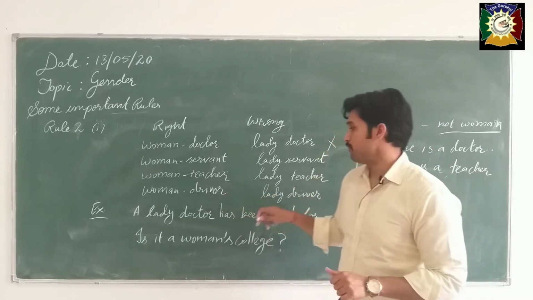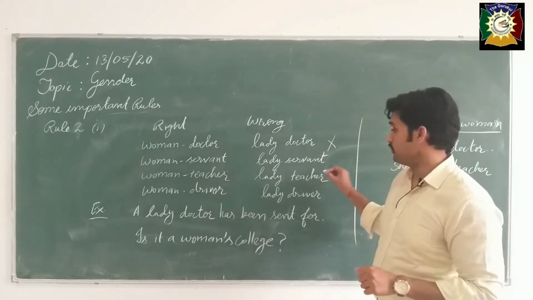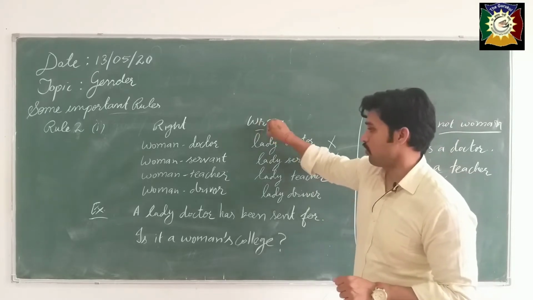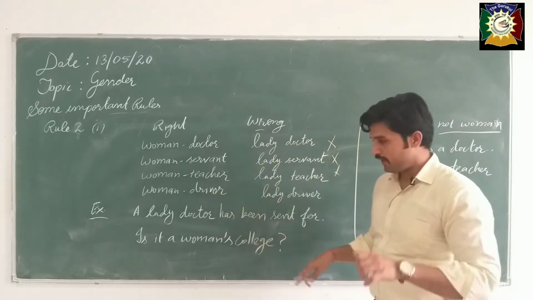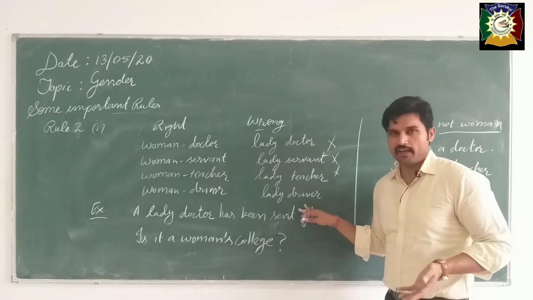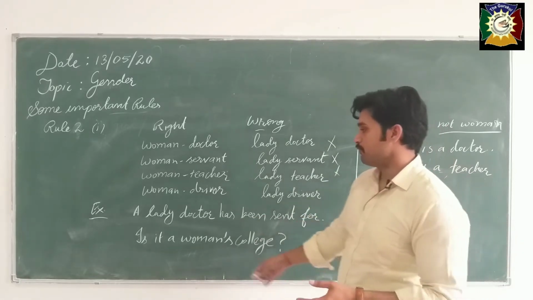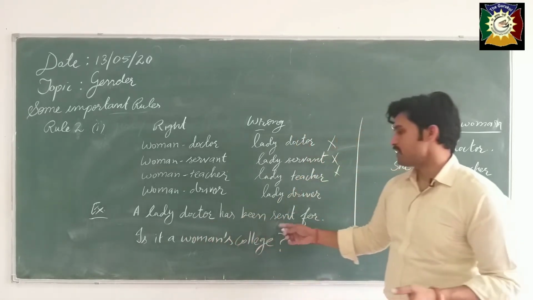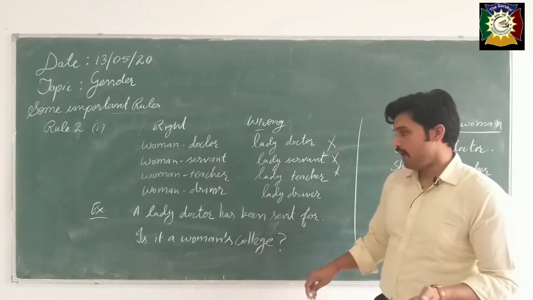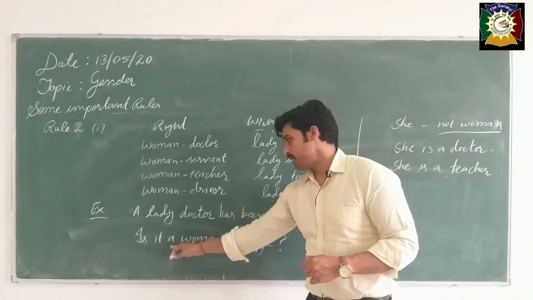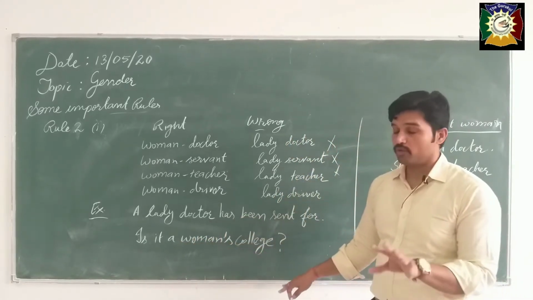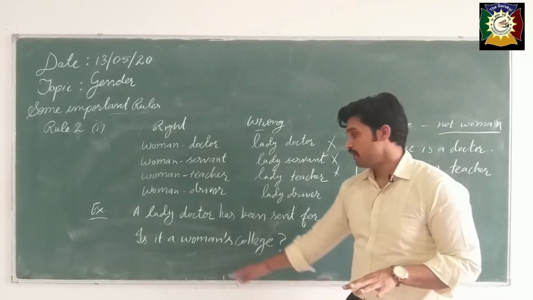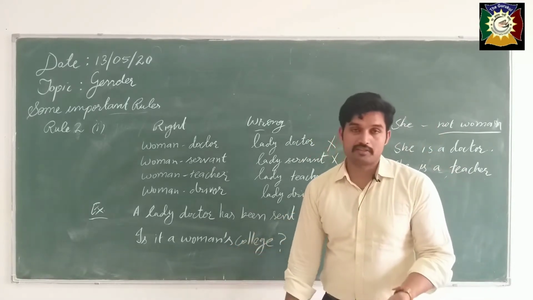Woman teacher, not lady teacher. This will be wrong, as I have written. Woman driver is correct instead of saying lady driver, which is wrong. Example: a lady doctor has been sent for. And the next example: is it a women's college? So here don't be wrong and don't use: is it a ladies college.